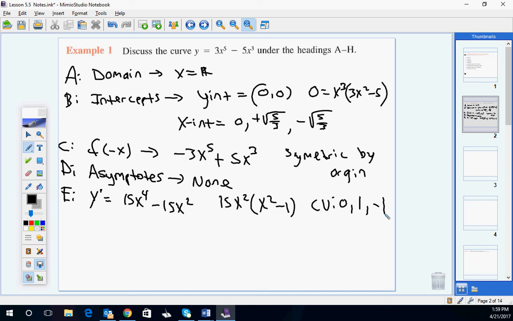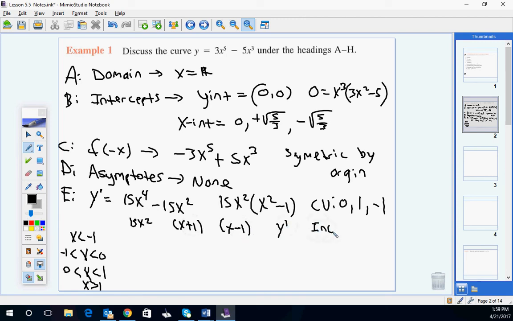Okay, and I'm going to go into the chart here at the bottom. So I'm going to do x less than -1. That's where we're at in terms of the chart, just our plus-minus chart essentially.